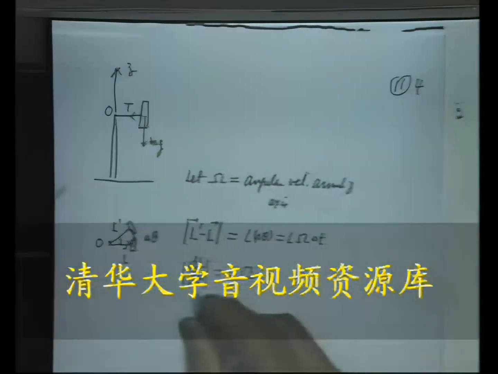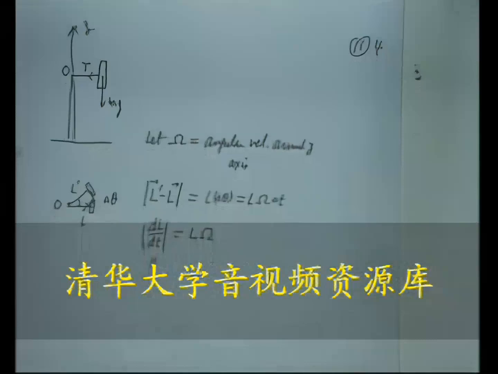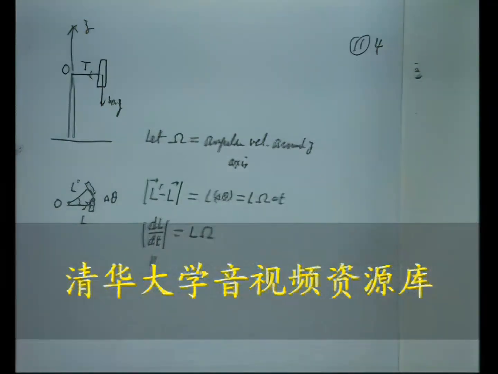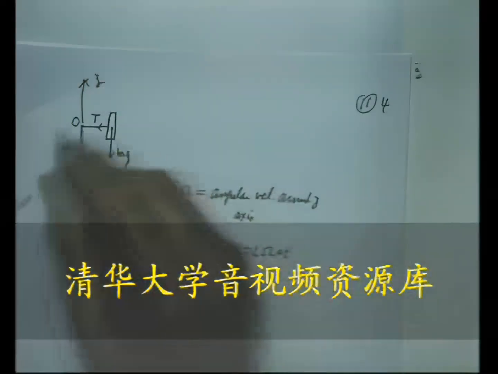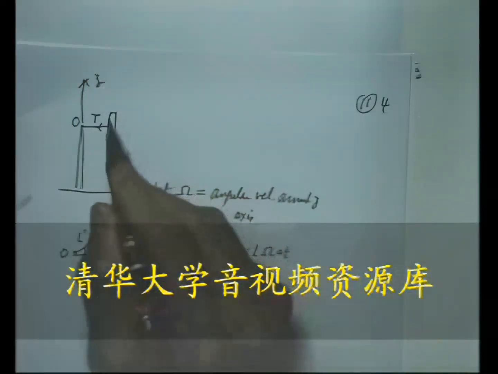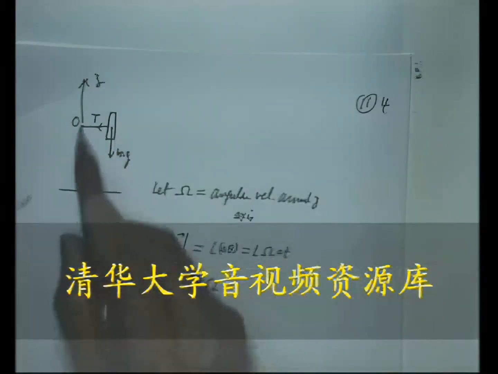But what is this? This should be equal to the torque. Now, in order for the thing not to fall down, this whole system must suffer another force which balances this mg, and that force is along here.